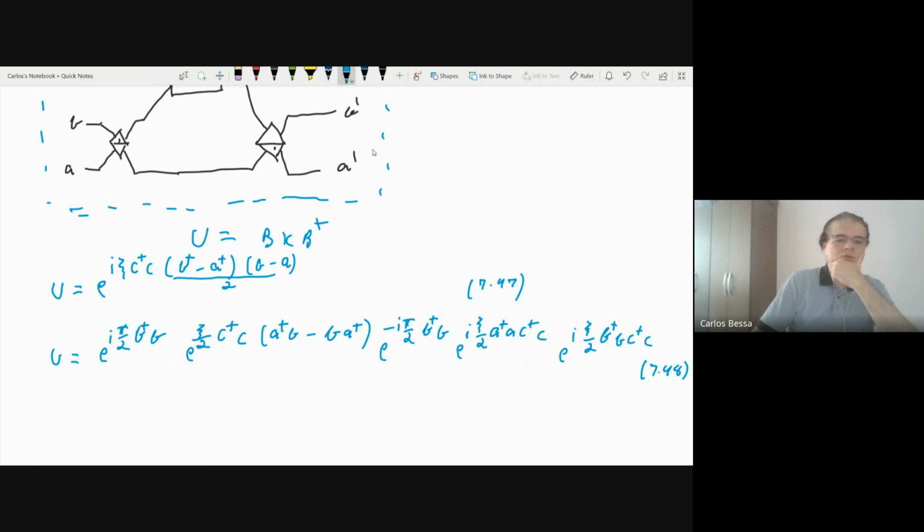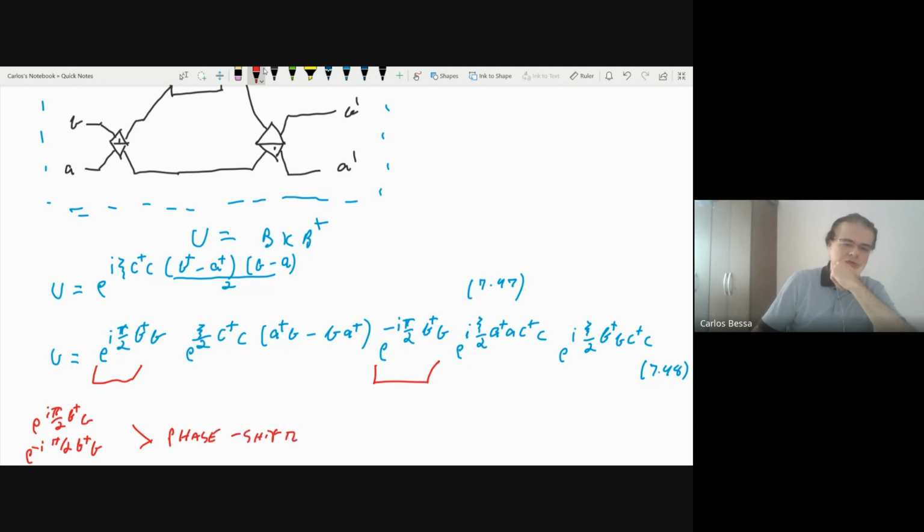We can see here these terms, the first and the third. These two terms are just phase shifters in the B mode.